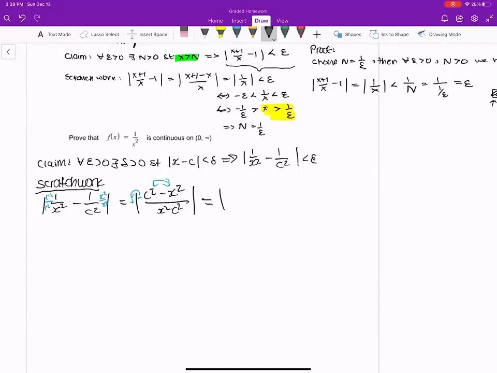So this will give you x squared minus c squared over x squared c squared, which is equal to absolute value of x minus c times x plus c, from our formula a squared minus b squared equals a plus b times a minus b, divided by x squared c squared.